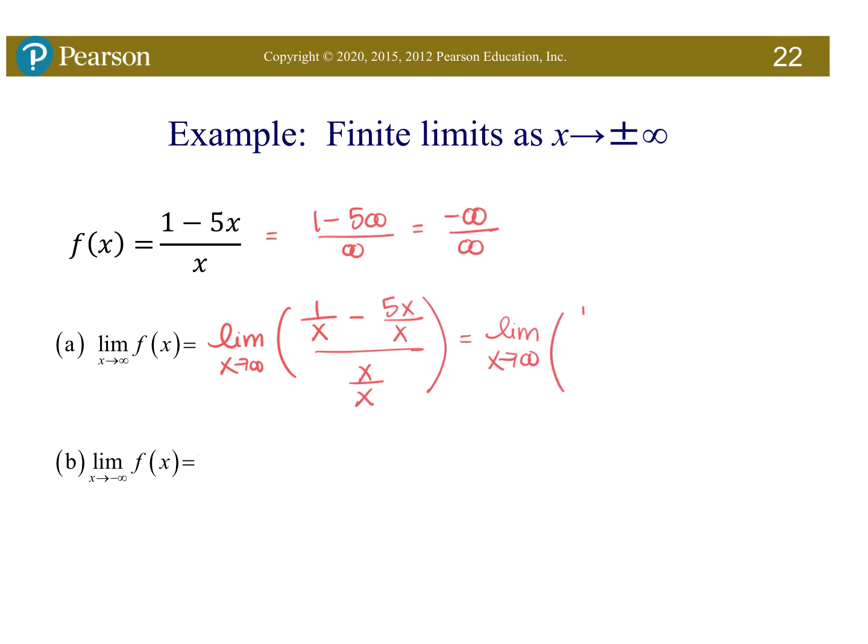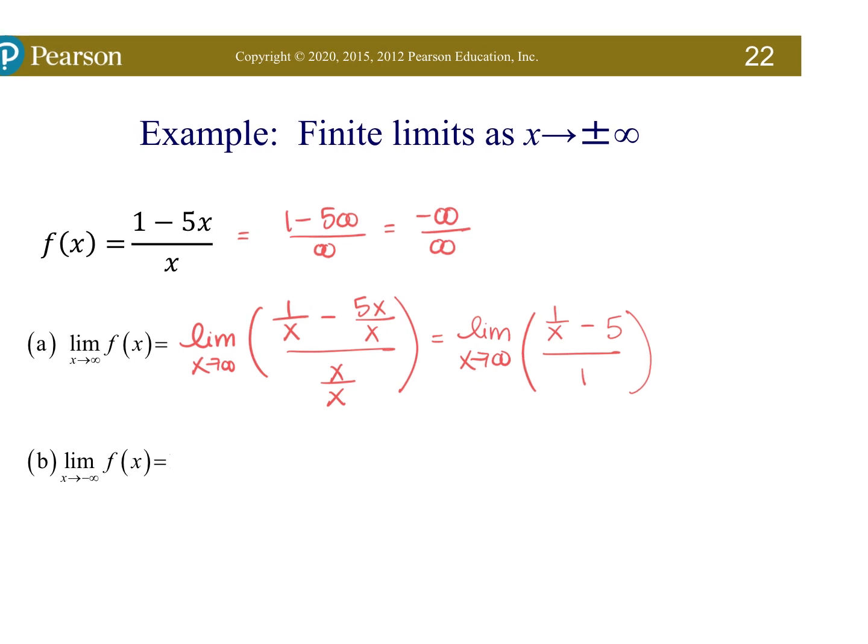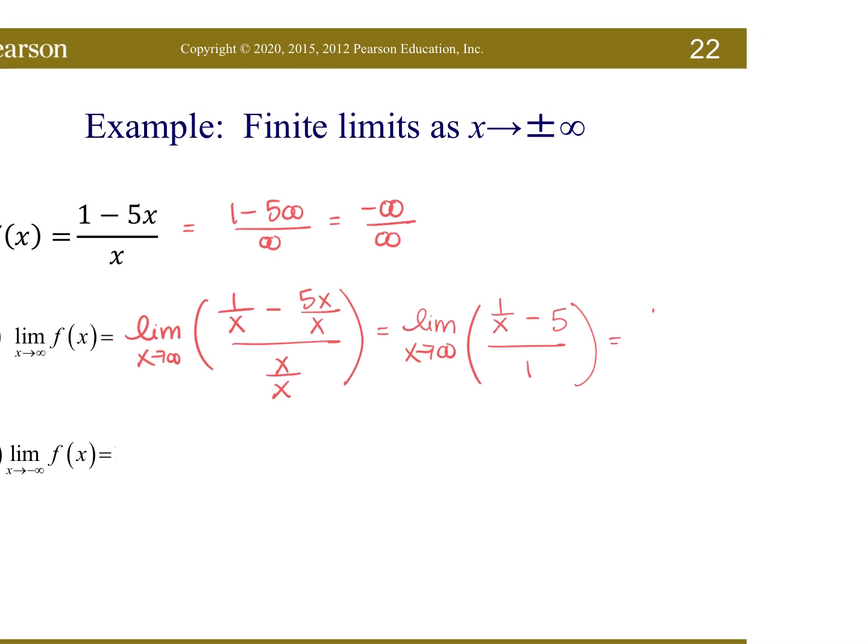And I will get 1 over x minus 5 over 1. And then I plug infinity into that. So I'll get 1 over infinity minus 5. I don't need to put over 1. Over 1's boring.